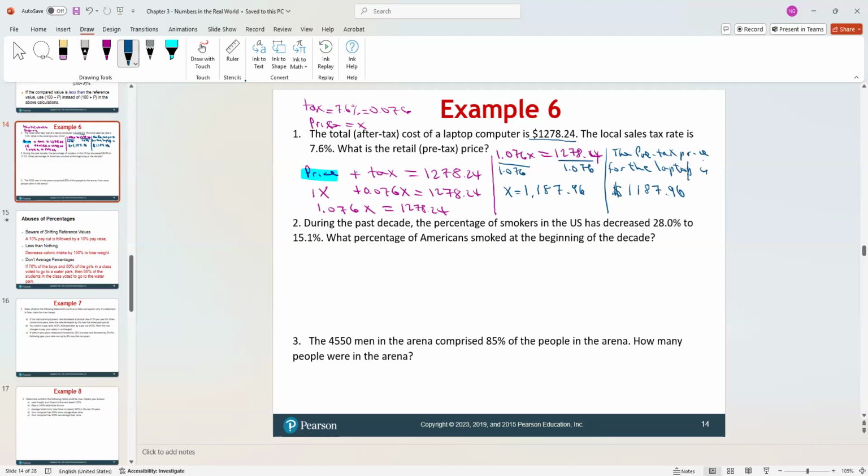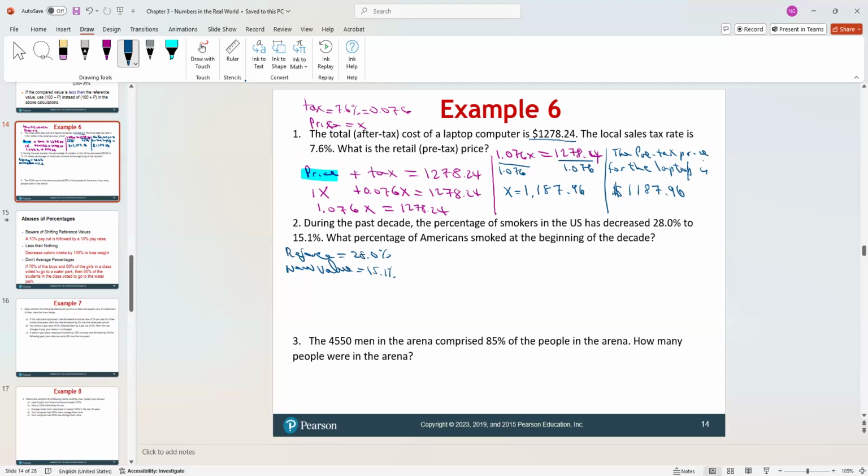Now, if you look at another example, they said during the past decade, and decade means 10 years, the percentage of smokers in the US has decreased. This is the reference number. You have your starting value, 28.0%, and the new value, which is 15.1%. It decreased from 28% to 15%.